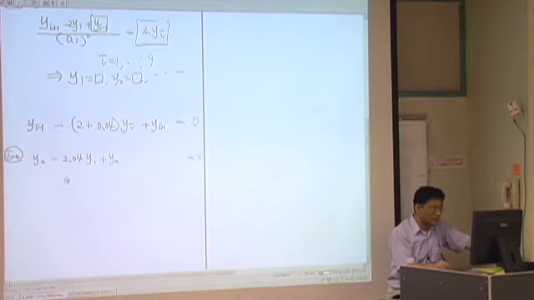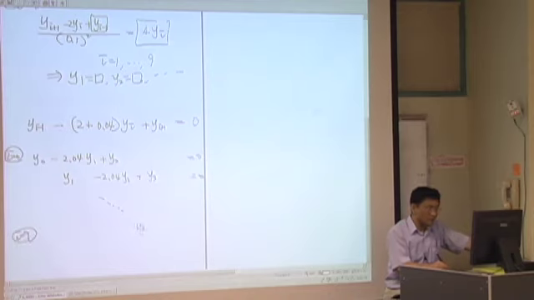And then the next thing is y1 minus 2.04 y2 plus y3 equals 0. Right? All the way through, and then i equal to 9 gives us y8 minus 2.04 y9 plus y10 equals 0.